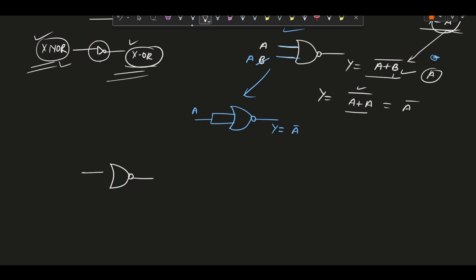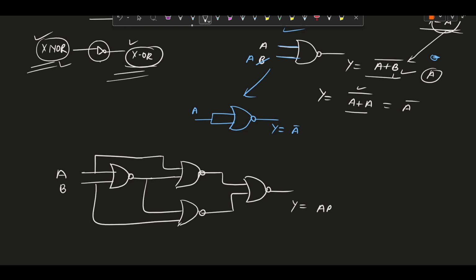So this is the circuit diagram of the XNOR gate that we have implemented just now. XNOR gate means A into B plus A complement into B complement. This is the XNOR gate output. Now we know that if we complement this output again, we will get the XOR gate. So we will connect this output to this NOT gate.